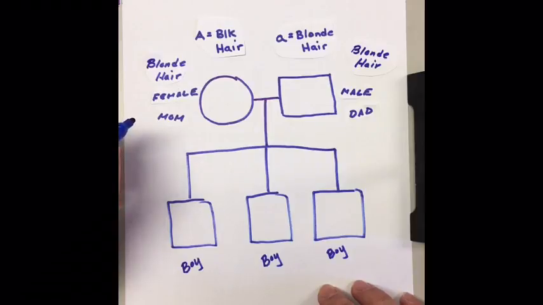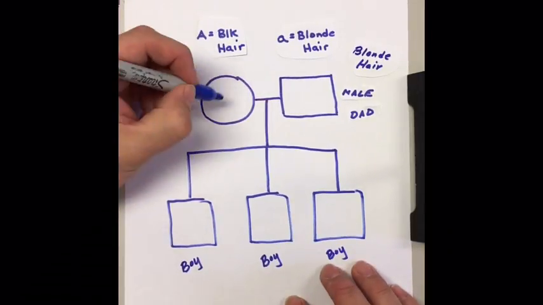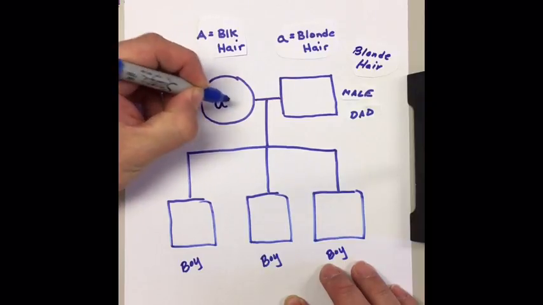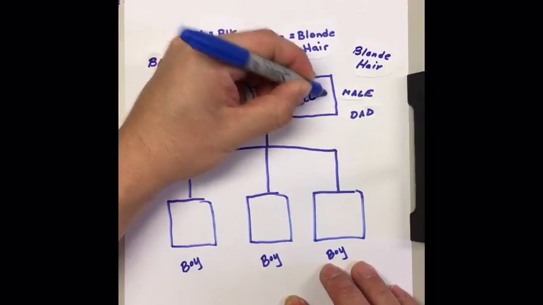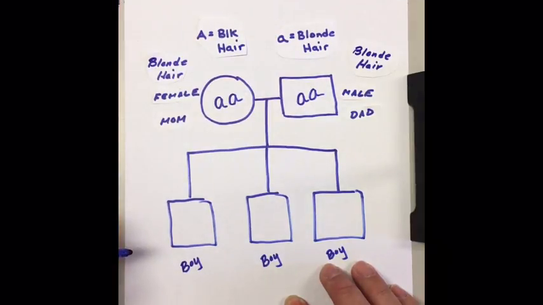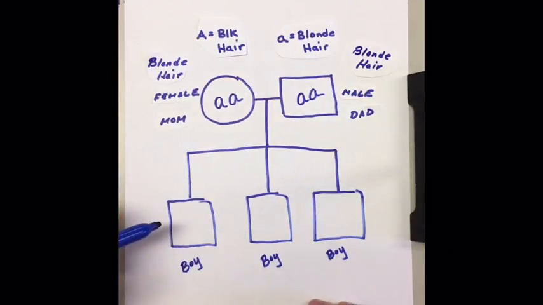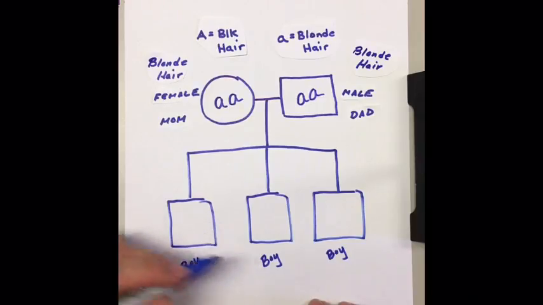What genotypes will they need to have blonde hair? Well, if you're following along, you would know that they need to be homozygous recessive. Now what will the boys look like? What would be the boys' phenotype?